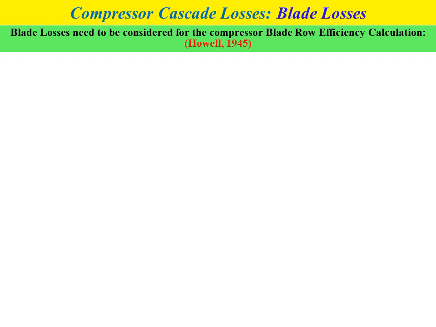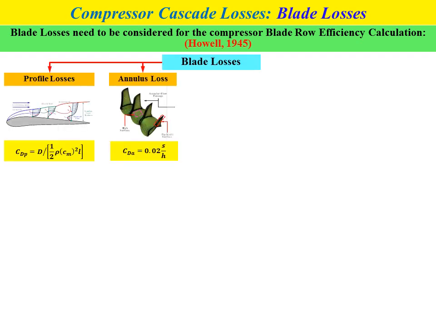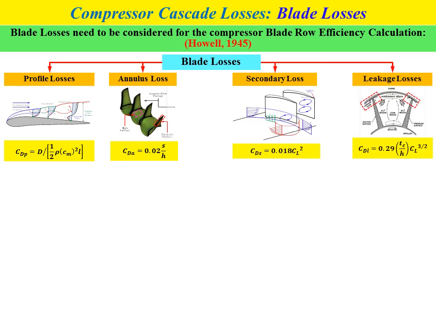We know that we have 4 types of blade losses: profile losses, annulus losses, secondary losses, and the last one, leakage losses. In Howell's investigation, Howell only considers profile losses, annulus losses, and secondary losses.